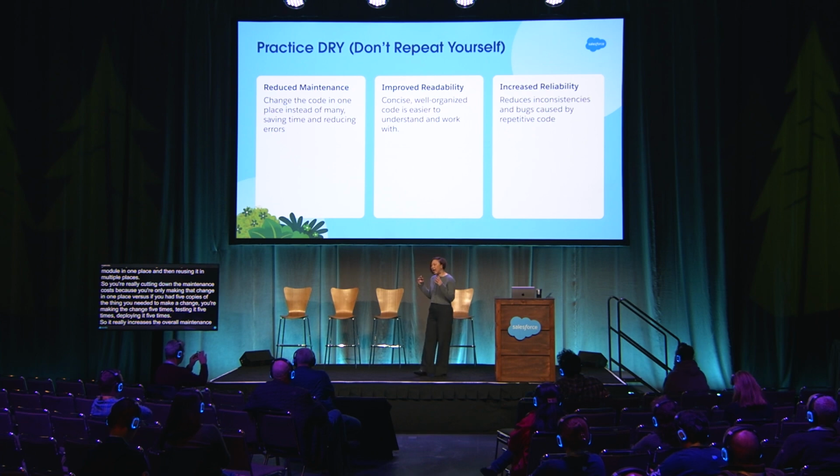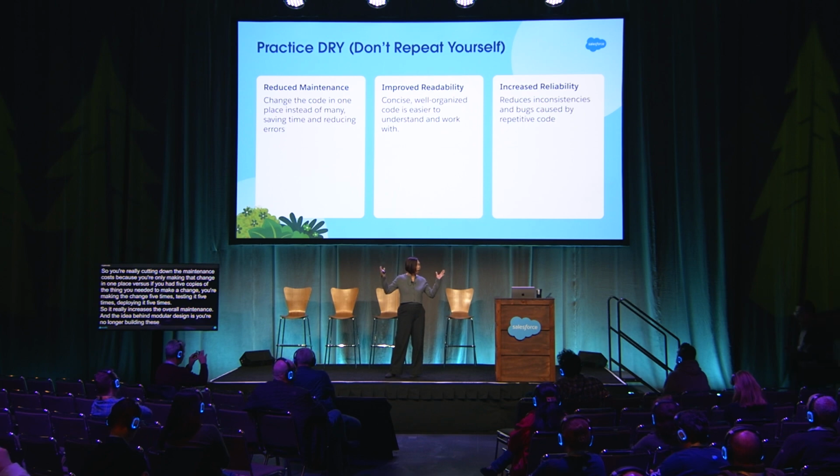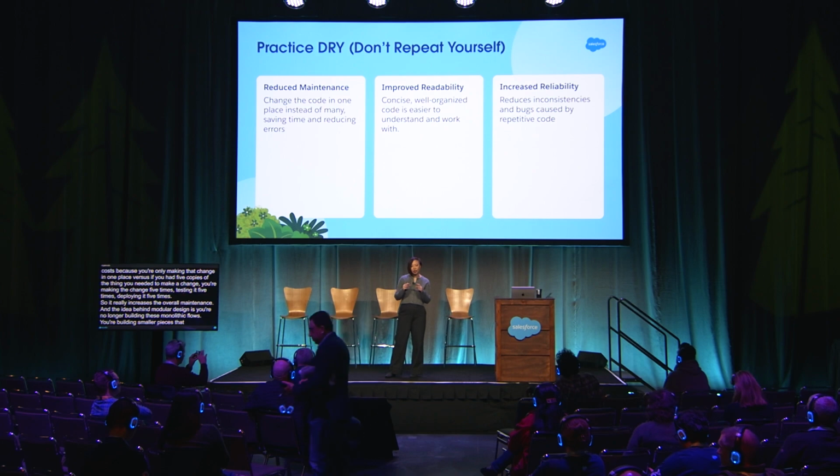And the idea behind modular design is you're no longer building these monolithic flows, you're building smaller pieces that perform specific functions. So therefore, they're going to be smaller in design, more concise, well-defined, and you should be able to take a look and see the logic at a glance, and it's not this big, huge thing. And DRY increases your overall reliability because you don't have those multiple copies lying around, so therefore it reduces the inconsistencies and bugs.